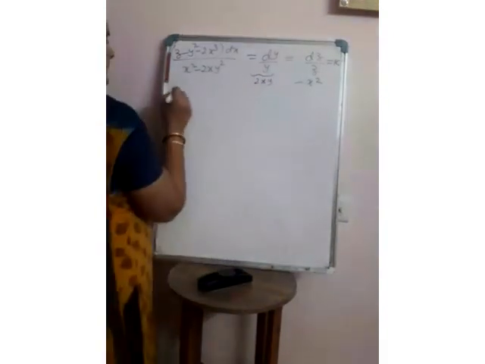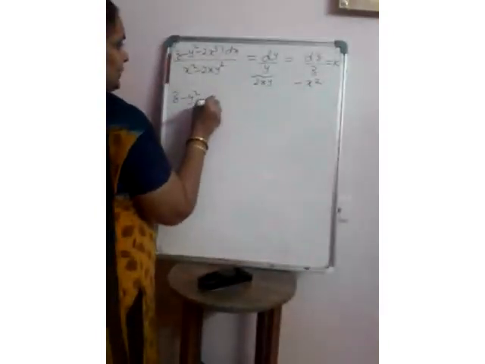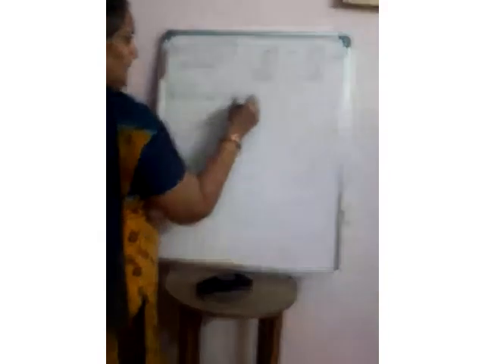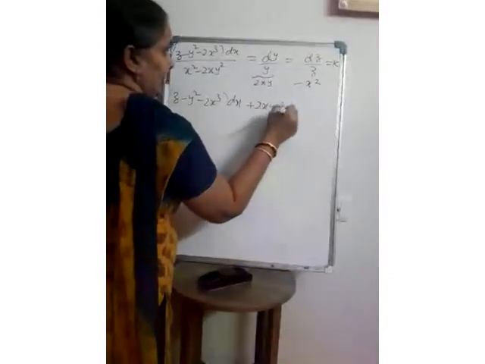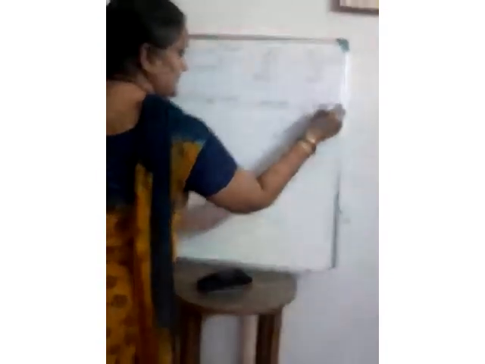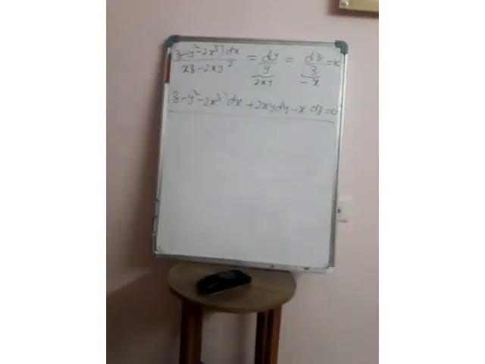So this will become (z minus y square minus 2x cube) dx plus 2xy dy minus x square dz is equal to 0. Try this combination and see whether it is becoming 0 or not first. Now is it becoming 0?